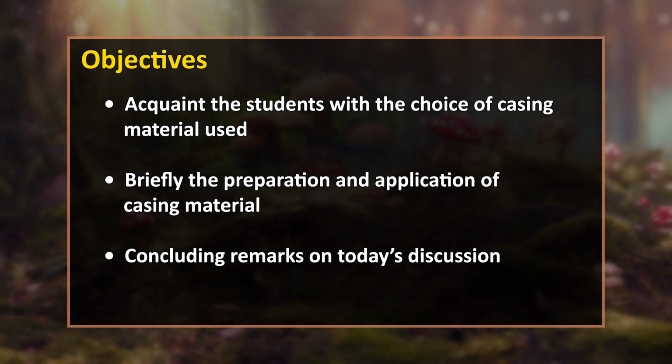Our fourth objective will be to acquaint the students with the choice of casing material used, and our fifth objective will be to discuss briefly the preparation and application of casing material, and finally we'll be having concluding remarks on today's discussion.